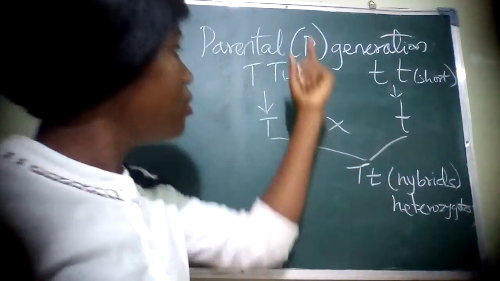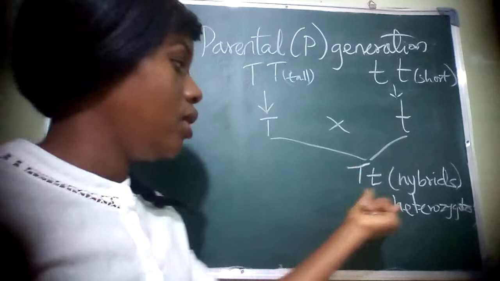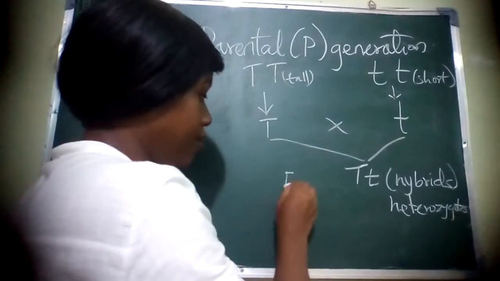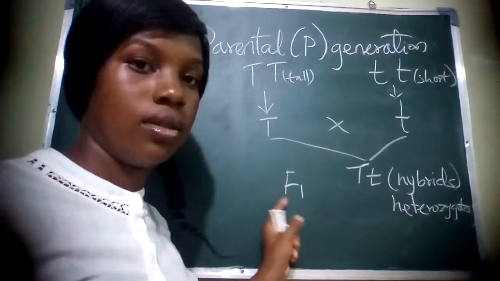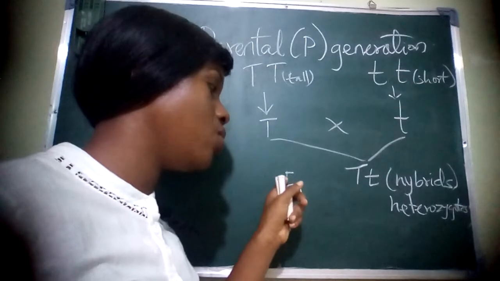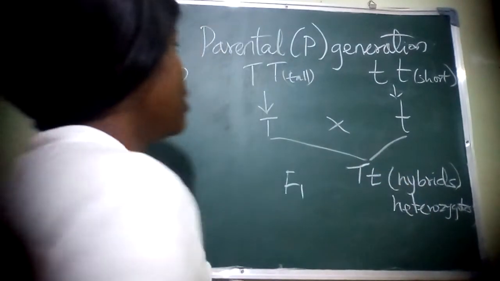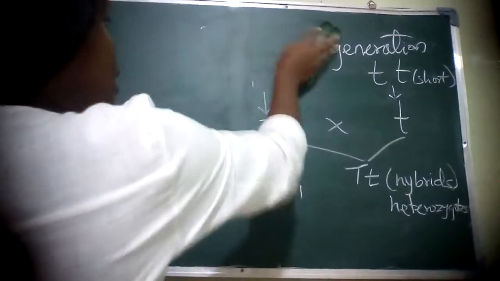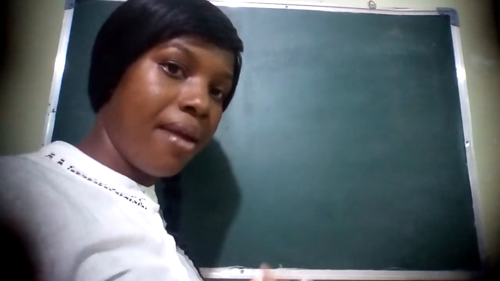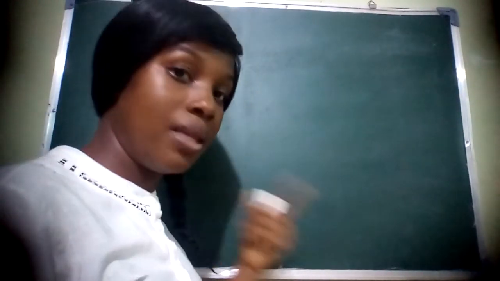So P generation, then heterozygotes, or F1. You don't call them F1 individuals, you call them the heterozygotes or hybrids. Then there are different types of hybrids depending on the number of pairs of contrasting characters in the parents.